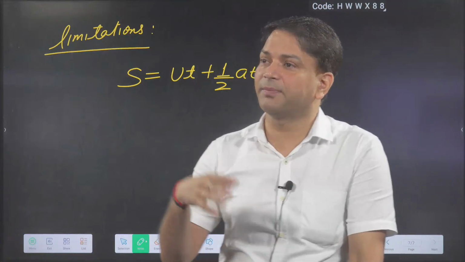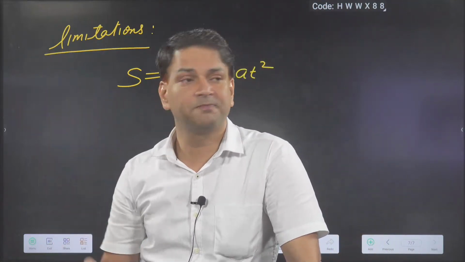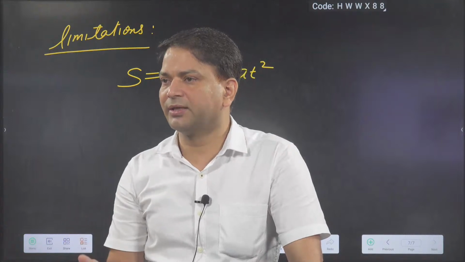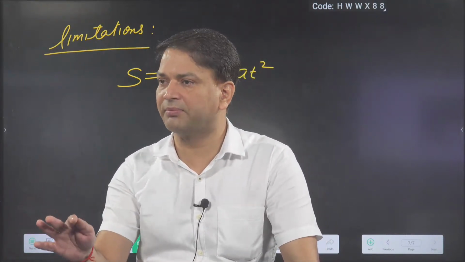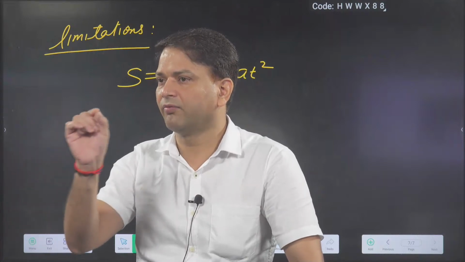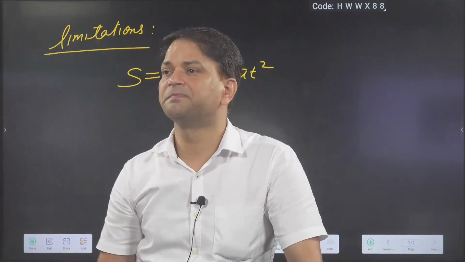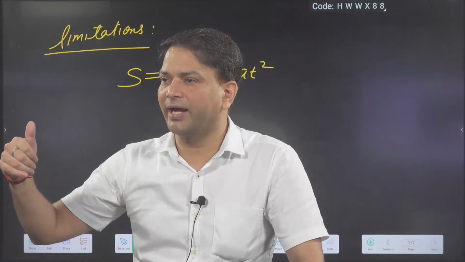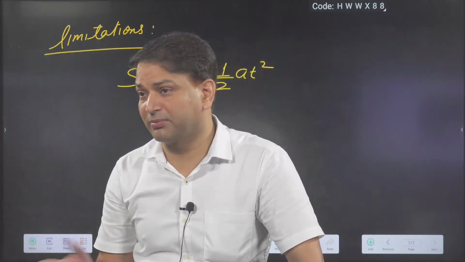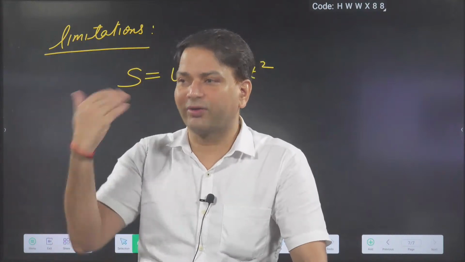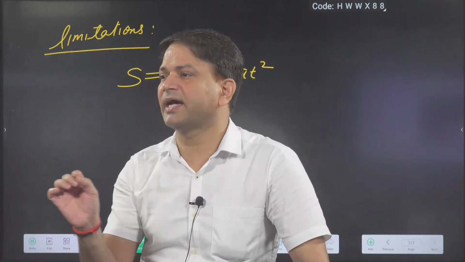S is directly proportional to u to the power a, because I said displacement depends upon initial velocity, acceleration and time. Then how will we proceed? We will write S directly proportional to u to the power a, a to the power b, t to the power c. After solving, whatever you are getting, can you get a plus or minus sign in between?